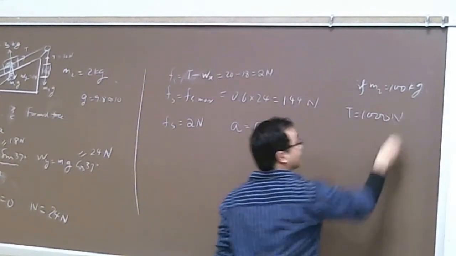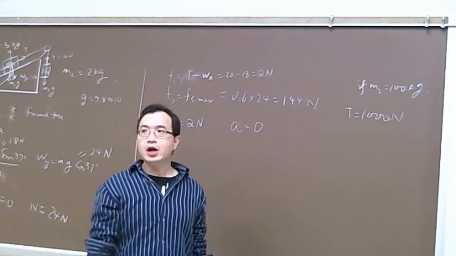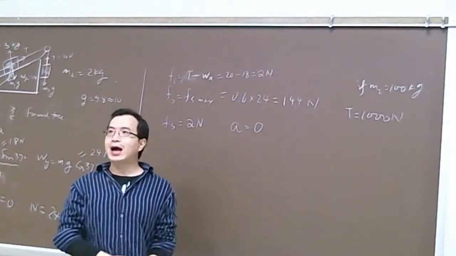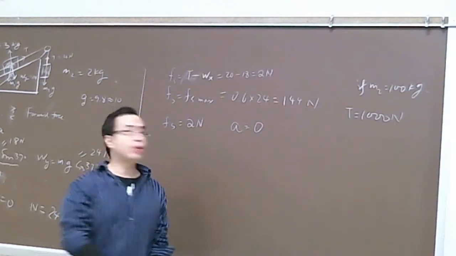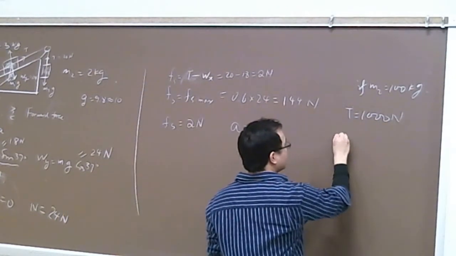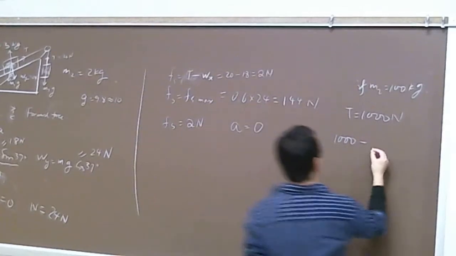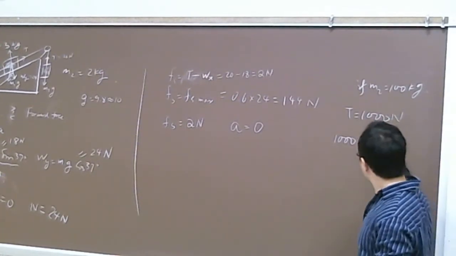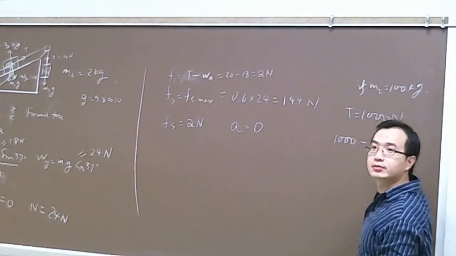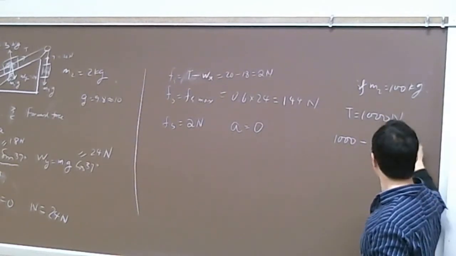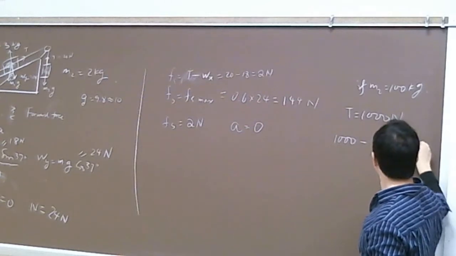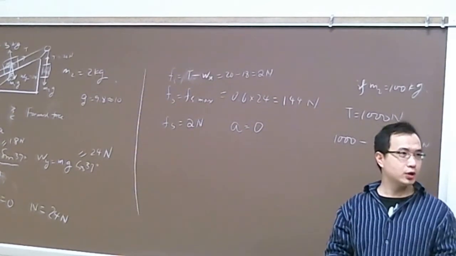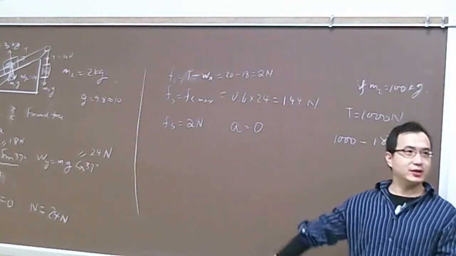So to compensate the external pulling force, you need 1,000 minus 18, which is 982 Newton.